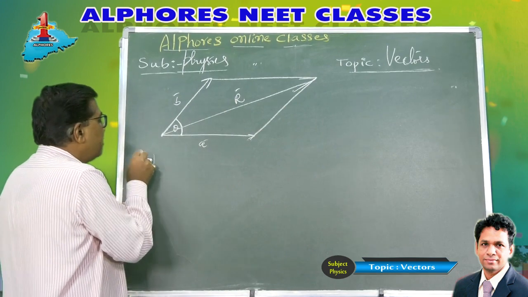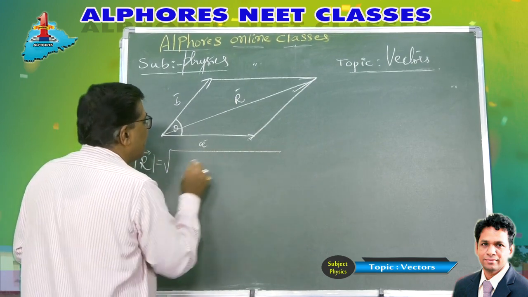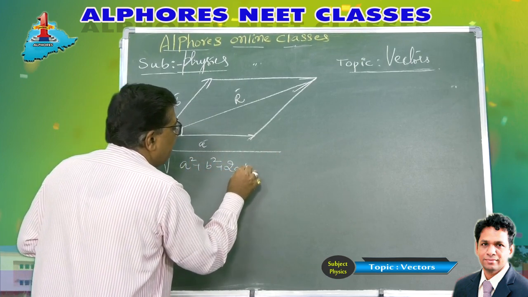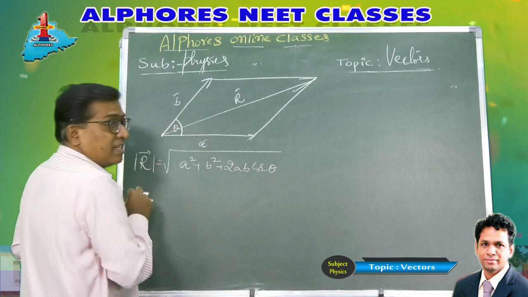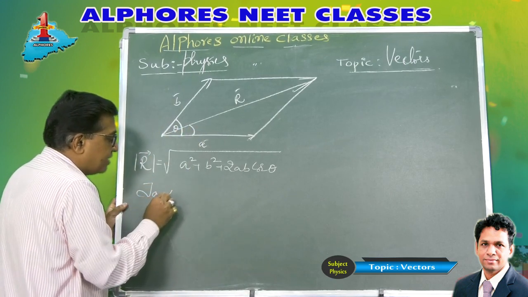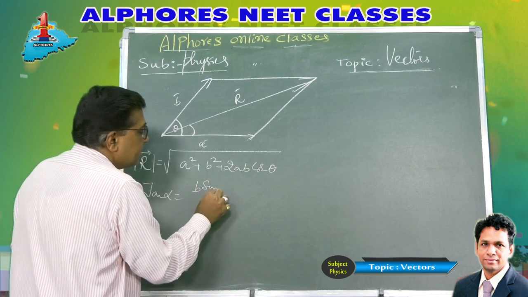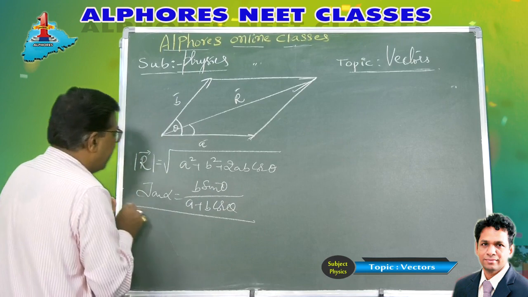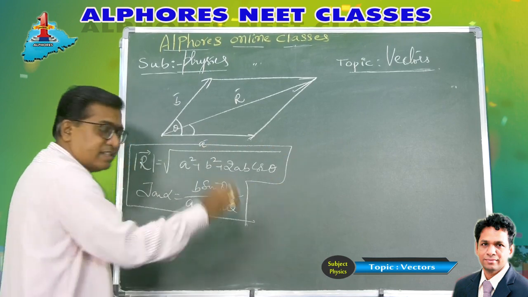The magnitude of the resultant is given as under root of A square plus B square plus 2AB cos theta. And the angle made by the resultant with the vector, tan alpha, is B sin theta by A plus B cos theta. That way we find the magnitude and direction of the resultant.